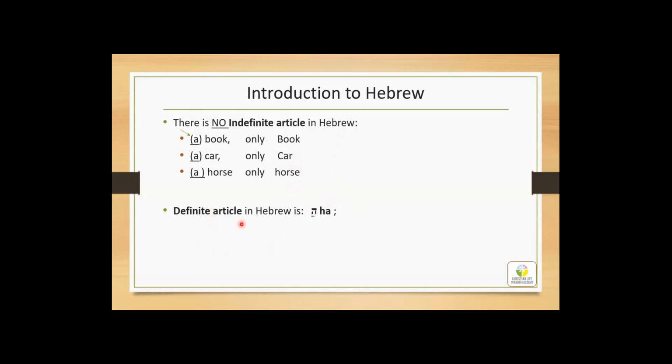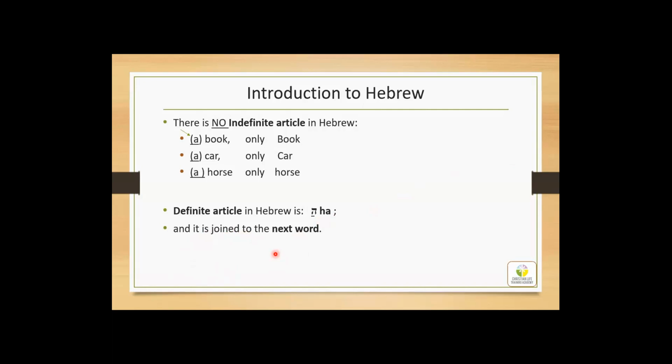Definite article in Hebrew. A definite article is the ha, the hey, the fifth letter. Remember, hey is 5, and it is ha when it is a definite article. And what is a definite article? A definite article is joined to the next word.